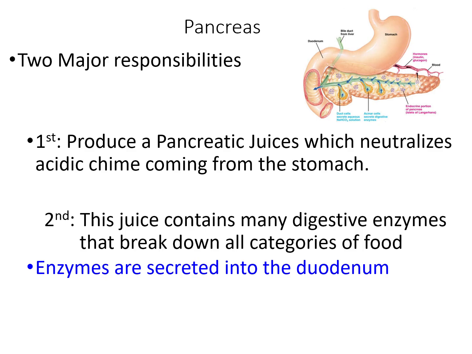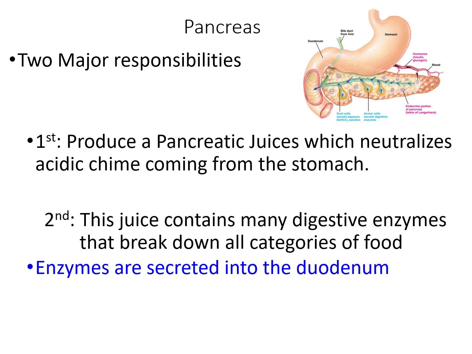Now, the pancreas, its first responsibility is to produce pancreatic juices, which helps in lowering the acidity of the chyme. And then its second purpose is to break down almost all categories of food.